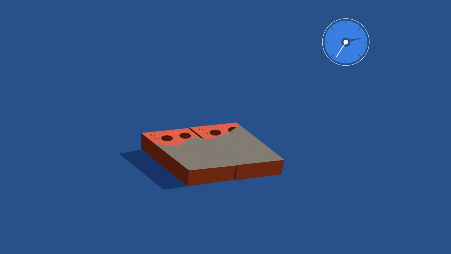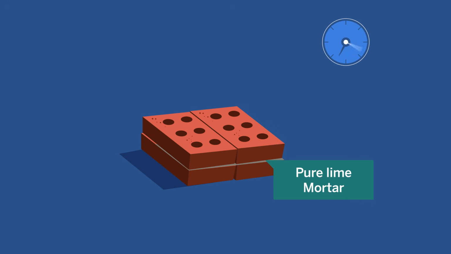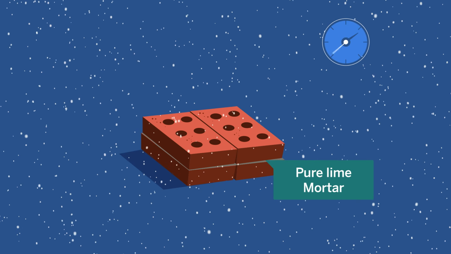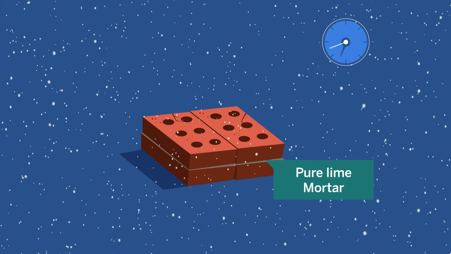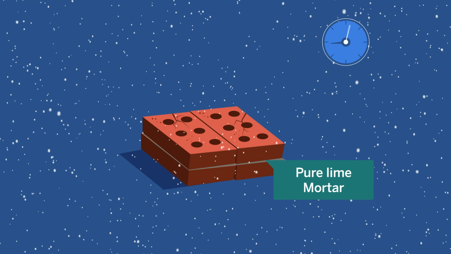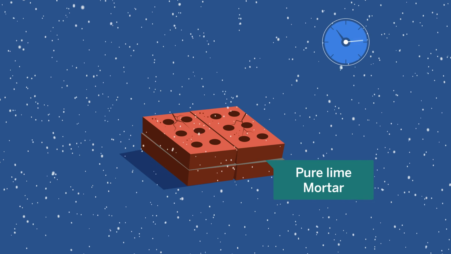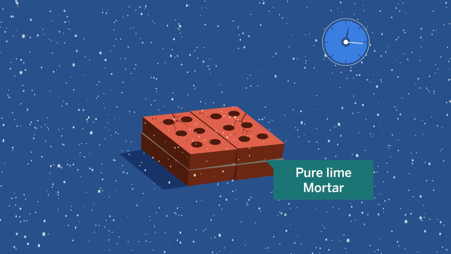However, their slower hardening, in particular for pure lime-based mortars, can make them particularly susceptible to freezing damage when winter is coming, because fresh mortar is susceptible to freezing as it remains wet and weak for a long time.